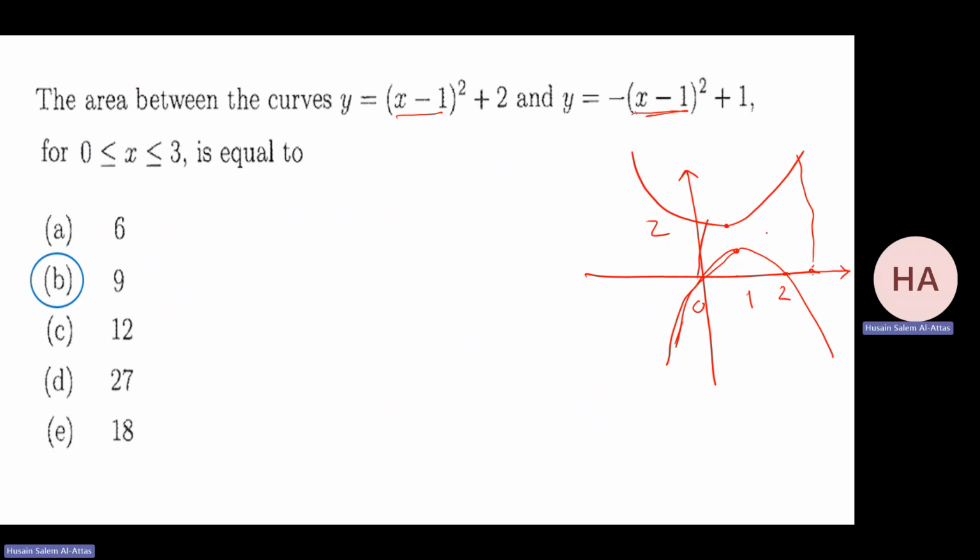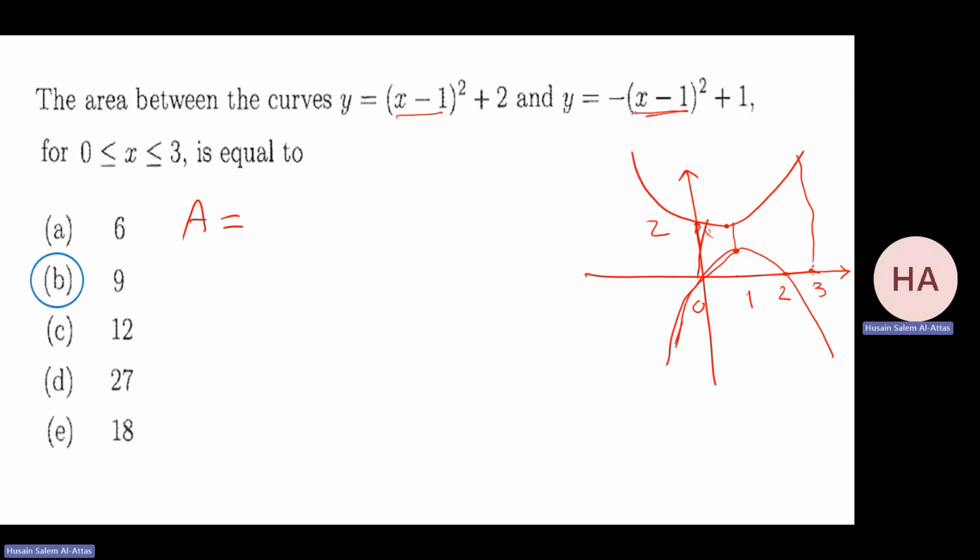Here, up to here. I'm talking about this area between them. This is the area I'm talking about.